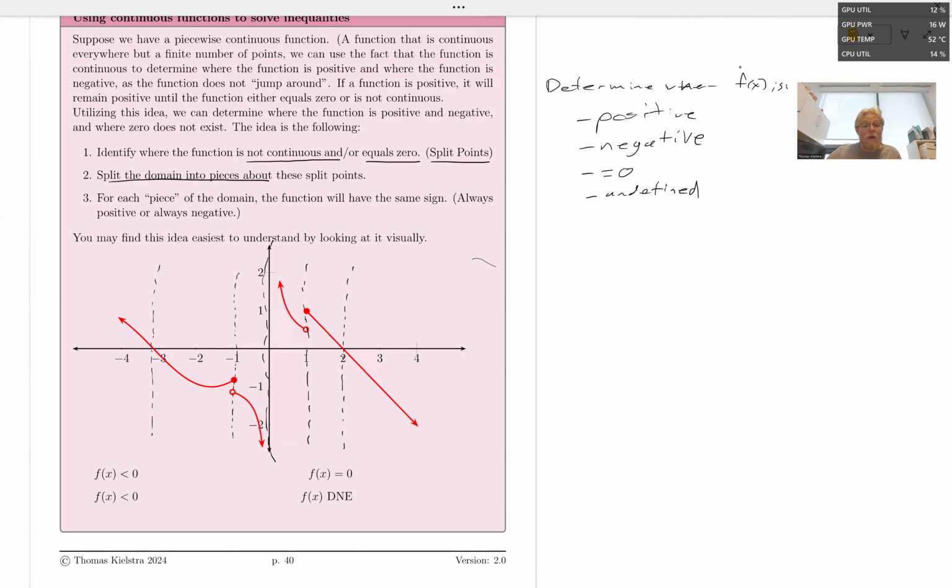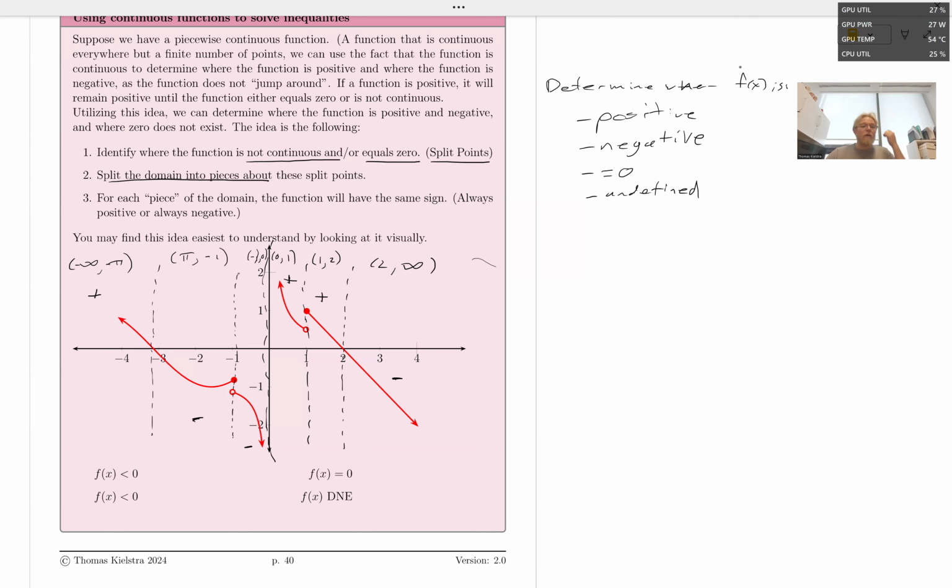And so now, in each of these intervals, minus infinity to minus pi, minus pi to -1, -1 to 0, 0 to 1, 1 to 2, and 2 to infinity, within each of these intervals, the sign is the same. I'm positive here, I'm negative here, I'm negative here, I'm positive here, I'm positive here, and I'm negative here.